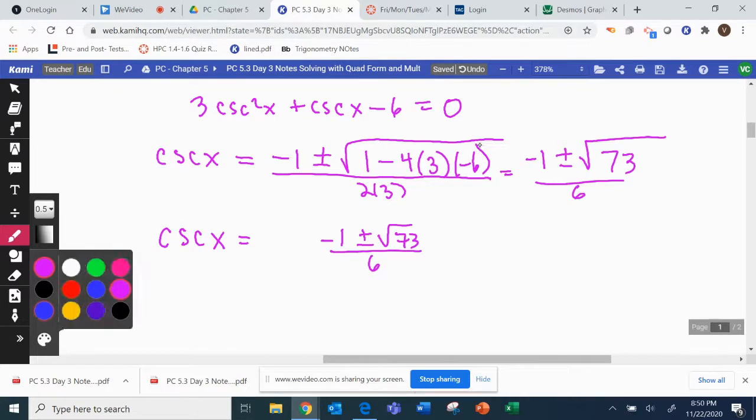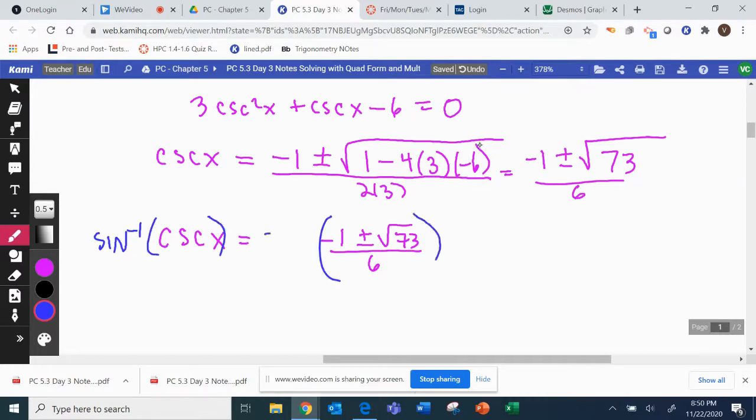Okay, so what I really need to do is I need to do sine inverse. But sine inverse will not work next to cosecant. It only works next to sine. So instead of having cosecant here, we're going to reciprocate. But if I reciprocate one side, I have to reciprocate both sides.